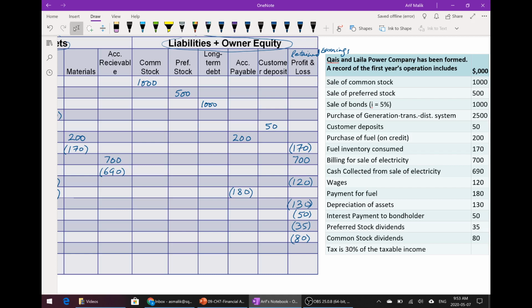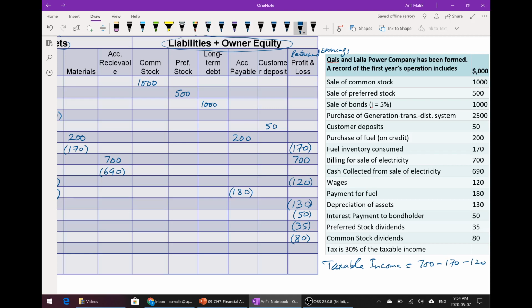Okay, so we have this account, profit and loss account or retained earning account. From here we can calculate what is the taxable income. So let's say taxable income is equal to, we have the revenues here 700 minus this 170 fuel consumption expenditures, minus 120 is this wages.